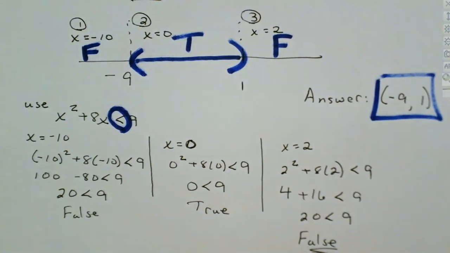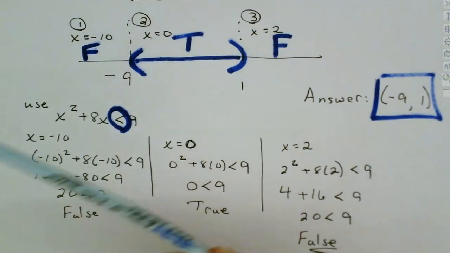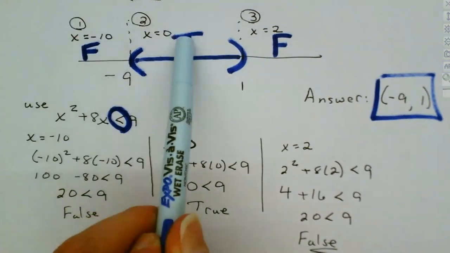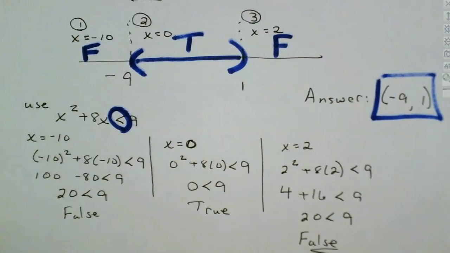So you shade where it's true, and that becomes your answer. Now, most of the time, but not always, they will switch back and forth. So it'll go false, true, false, or true, false, true, but not always.